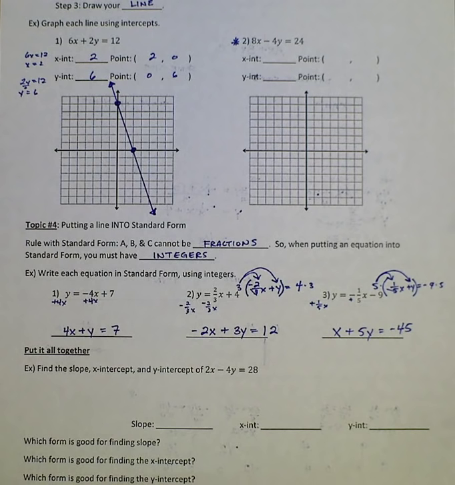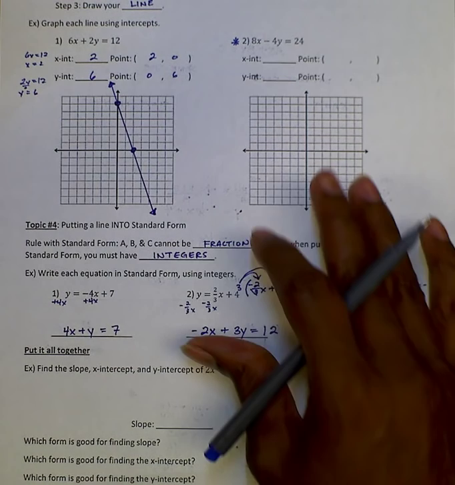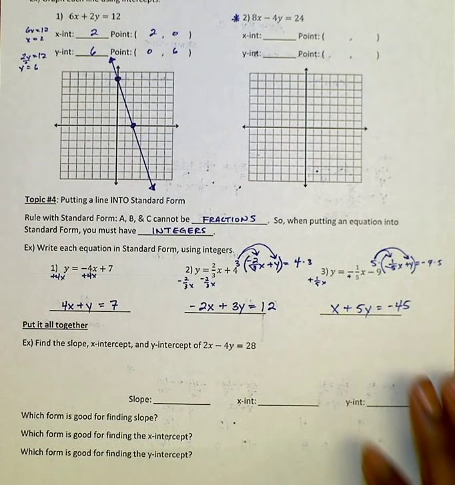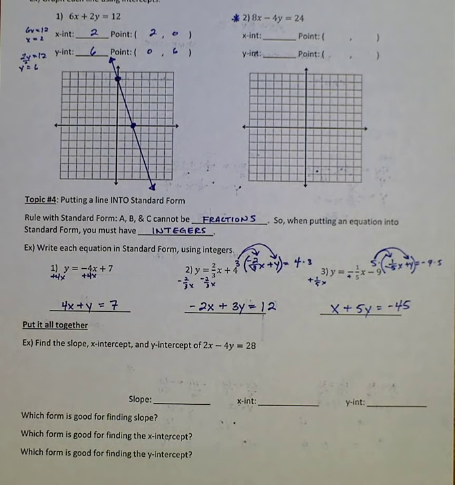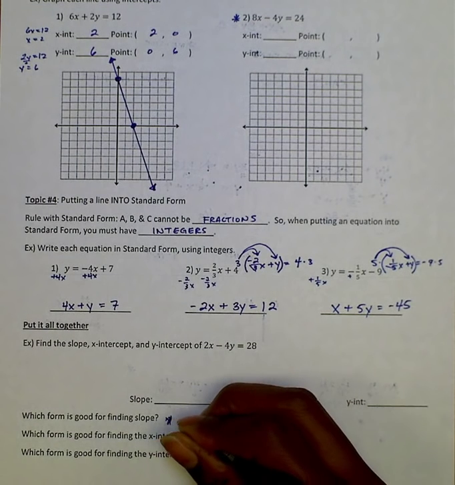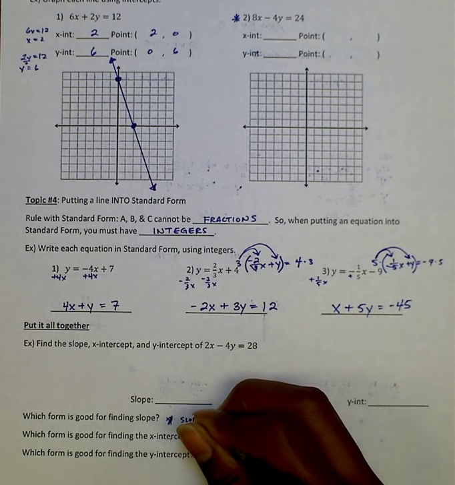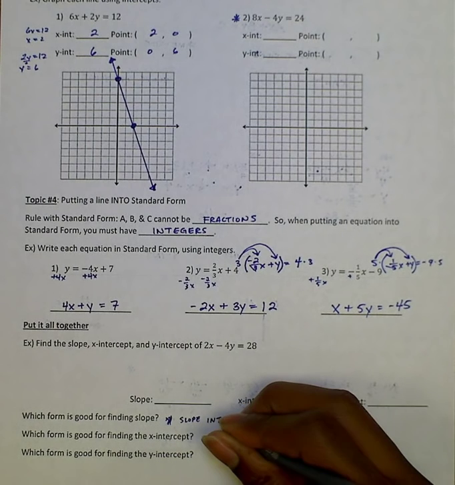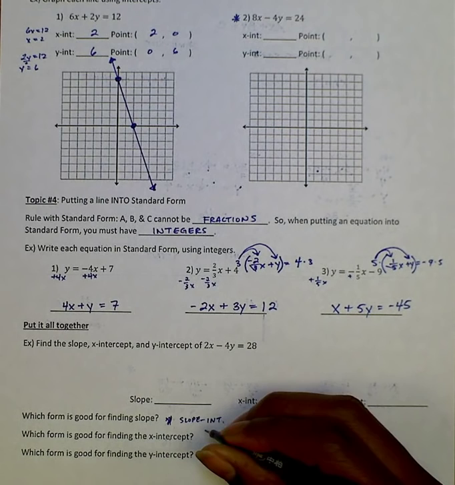Okay, so last question here, and this is going to have us bouncing back and forth between slope-intercept form and standard form. So, first question asks us to find the slope. Which form is good for finding the slope? Well, that's slope-intercept form. Okay, that's y equals mx plus b.